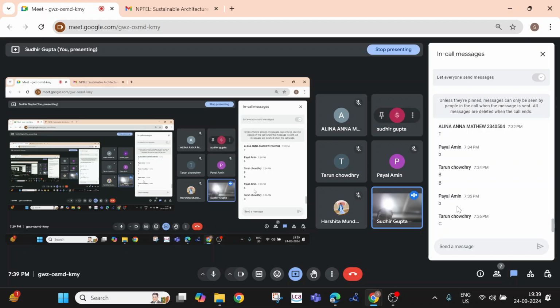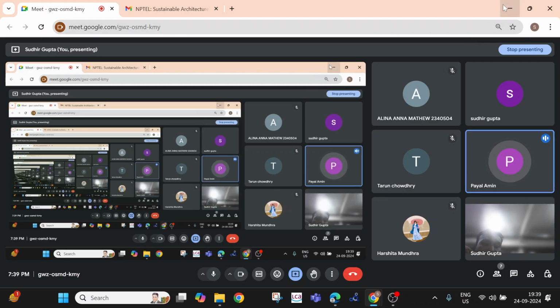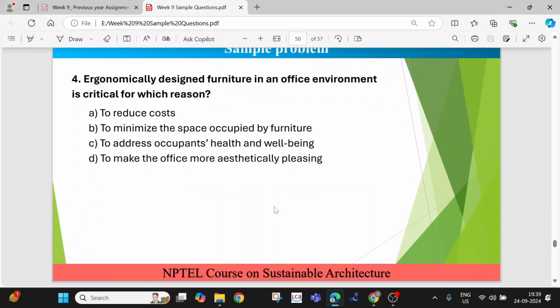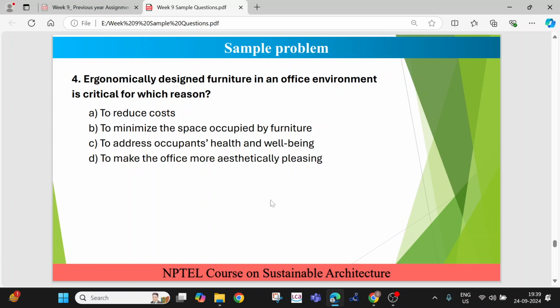So Payal is mentioning B or C. No, sir. I have given the answer for the last question. Okay. This option C is the right answer, to address the occupants' health and well-being.